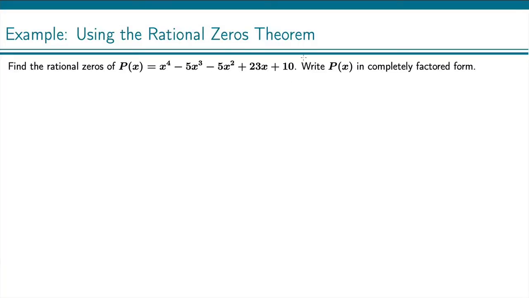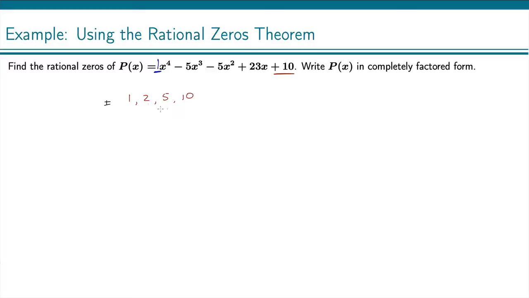So our Rational Zeros Theorem says we're going to take the integer factors of our constant term and divide by the integer factors of our leading coefficient, which in this case is just 1. So the factors of 10, integer factors, are 1, 2, 5, and 10, and it's plus or minus, of course, all of those.